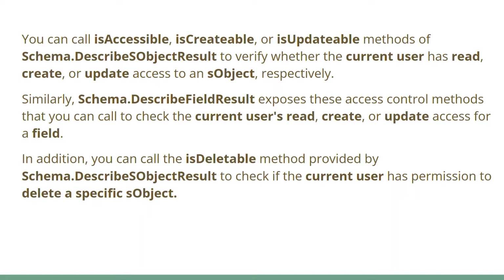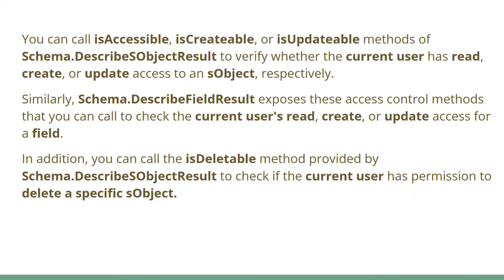So what does it mean, isAccessible, isCreateable, isUpdateable? As its name suggests, isAccessible will check if you have read access on that particular record. Createable means if you can create a record on that particular object. isUpdateable, as its name suggests, checks if you can update a record on that particular object.